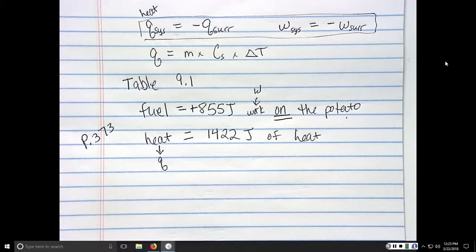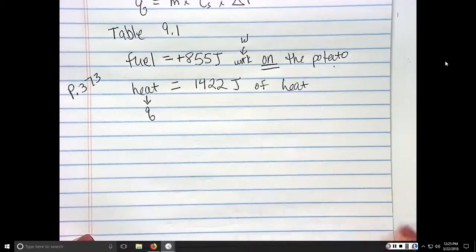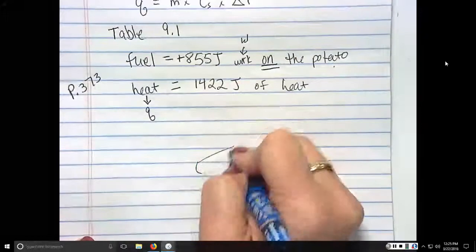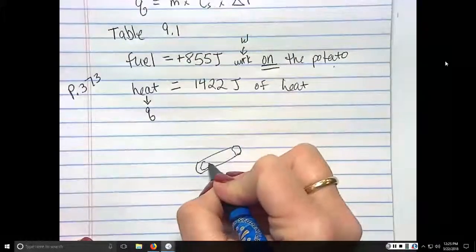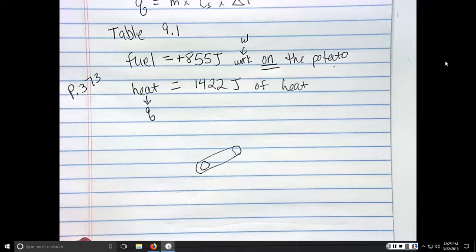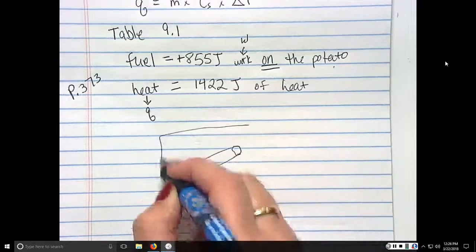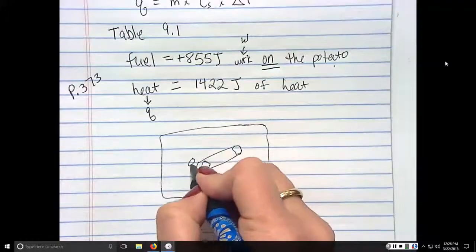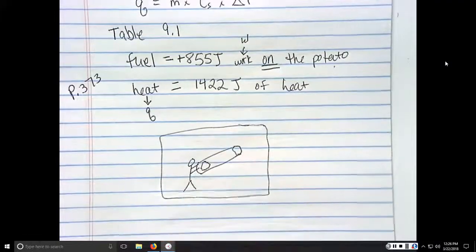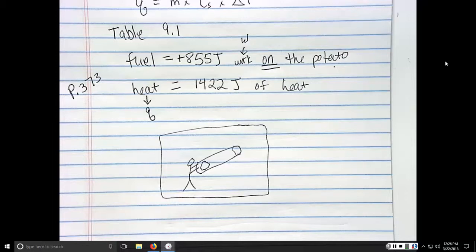Now let's talk about this in terms of system and surroundings. Here's my cannon. Okay, it's my little potato. We'll just pretend this is outside, right? So here's a person with the potato gun, okay? My wonderful drawing.